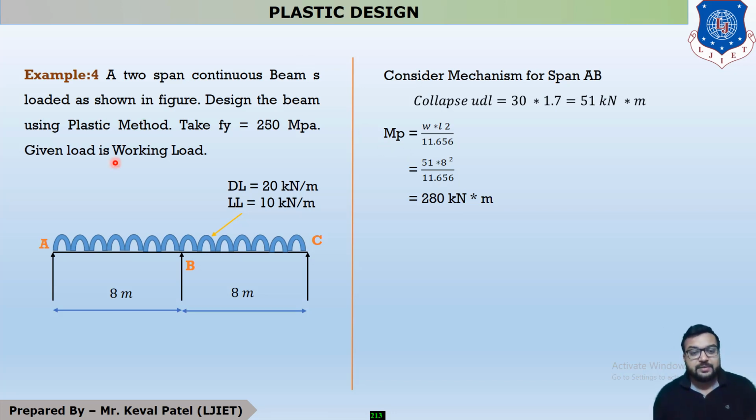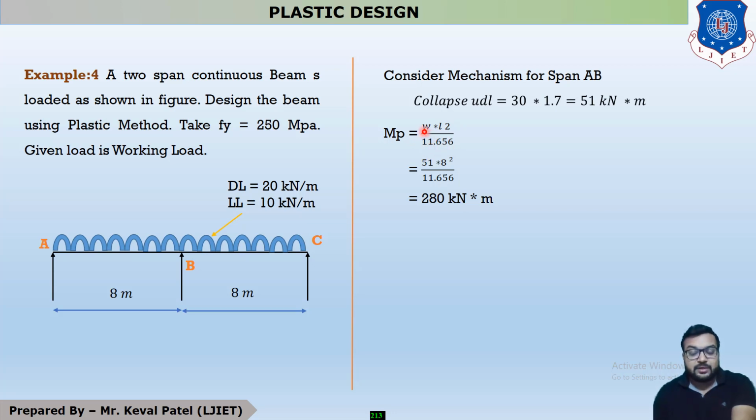You can see in this figure, this is your hinge support, also called a simple support, and this is your fixed support, and the UDL is acting throughout the span. So whenever the propped cantilever is there, the equation of Mp is always WL square divided by 11.656.